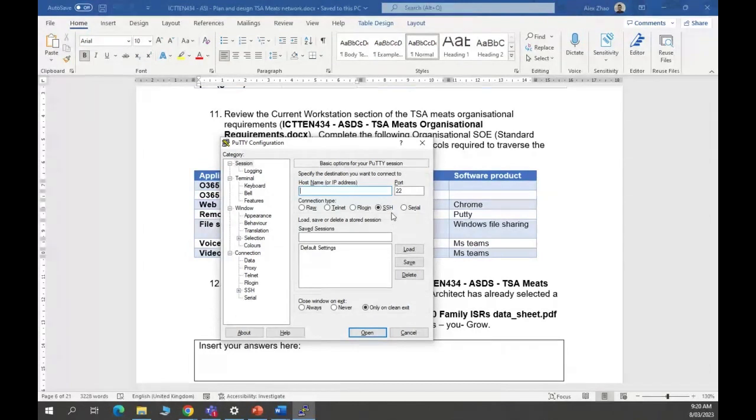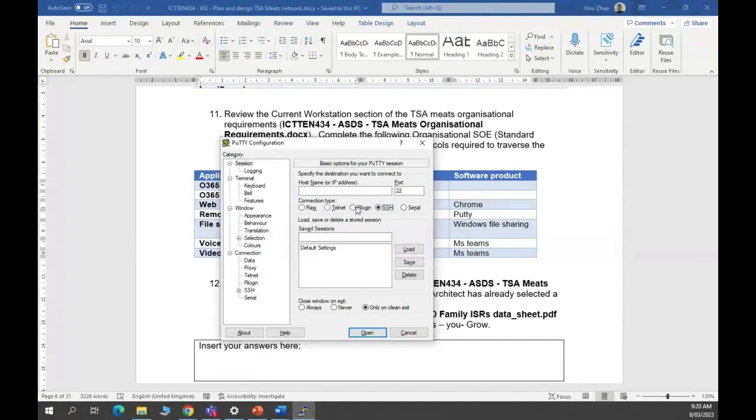And hopefully you'll realize that PuTTY is for remote administration. So the serial is like your console cable, if you remember me talking about that, but the telnet and the SSH are the two remote versions.